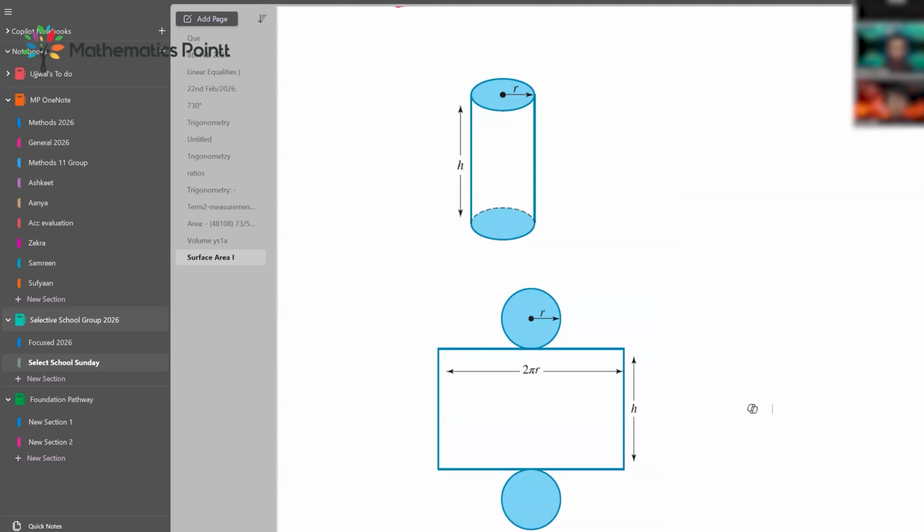So you can now clearly see what's happening, and we can now find the surface area. It's got the two faces, top and bottom, that are actually circles. See here, circle 1, circle 2. And both of them have the same radius r.